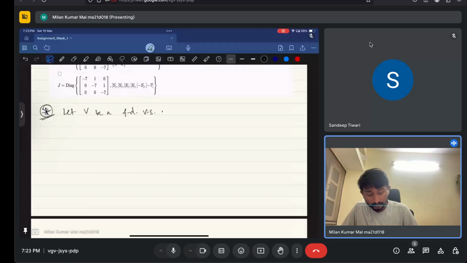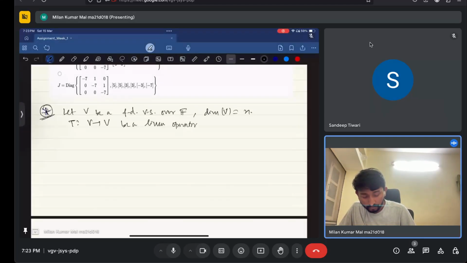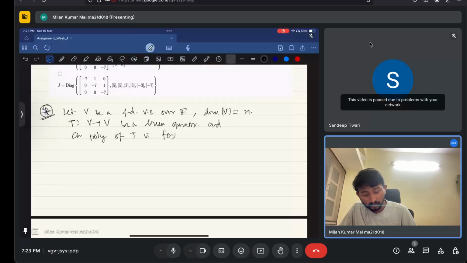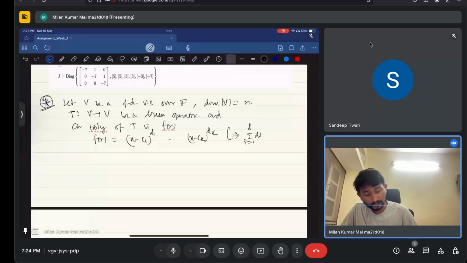Let the dimension of V be n, and T from V to V be a linear operator, and the characteristic polynomial of T be f(x), given by (x minus c1) to the power d1 all the way to (x minus ck) to the power dk. Therefore, the summation of di, i equals 1 to k, is n.